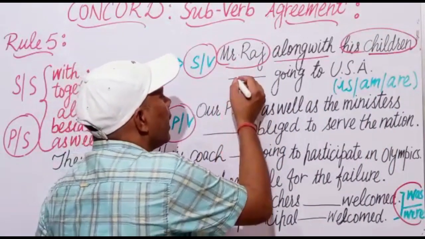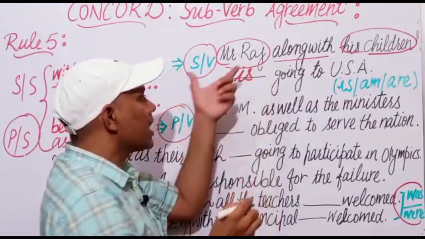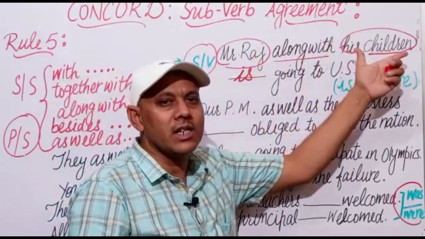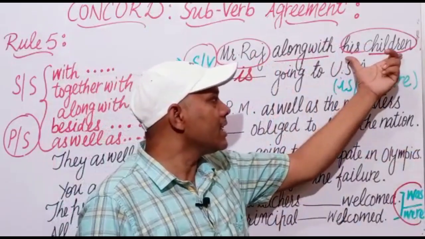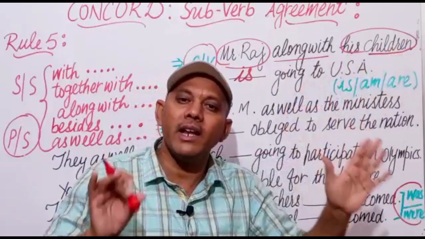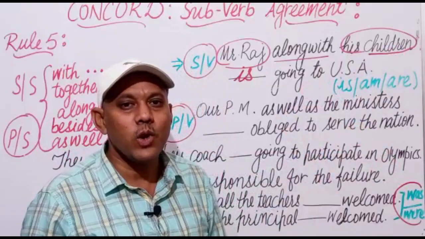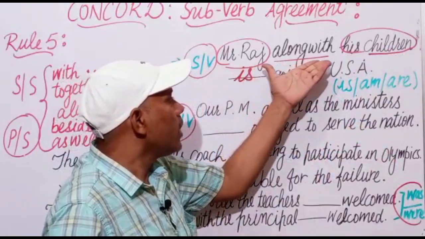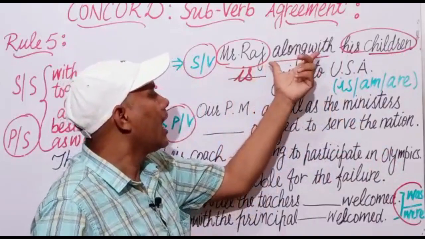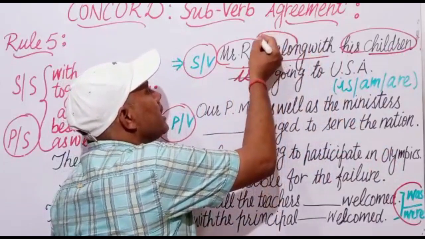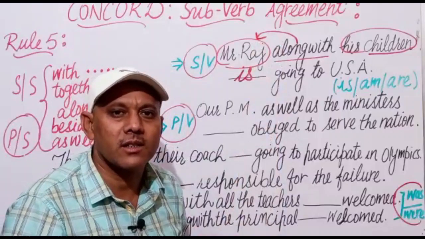We shall use is. Mr. Raj along with his children is going to USA. यहां हमें children देखकर are fill in नहीं करना है. You have to use the singular verb because along with is preceded by a singular subject.